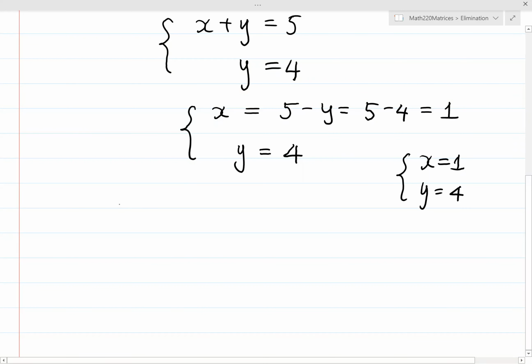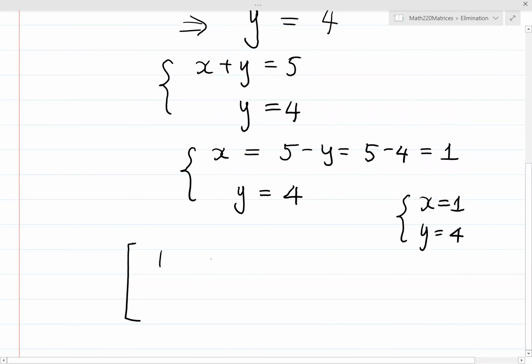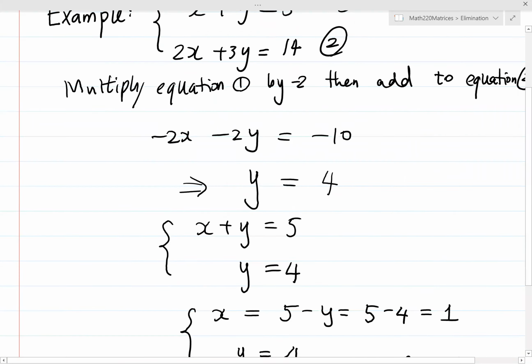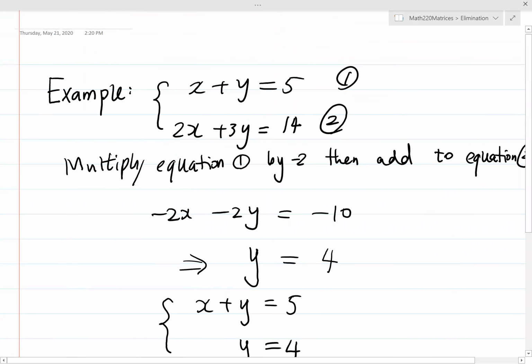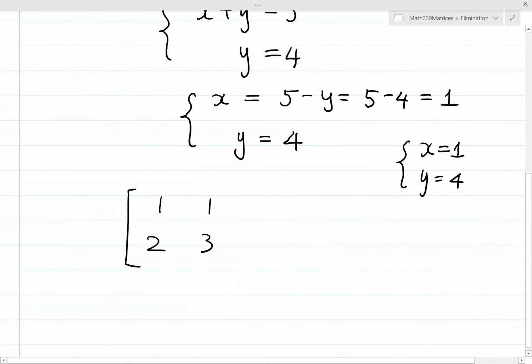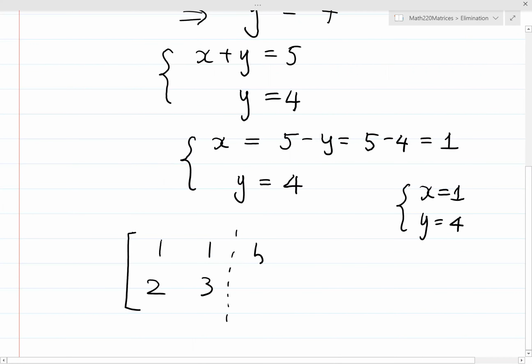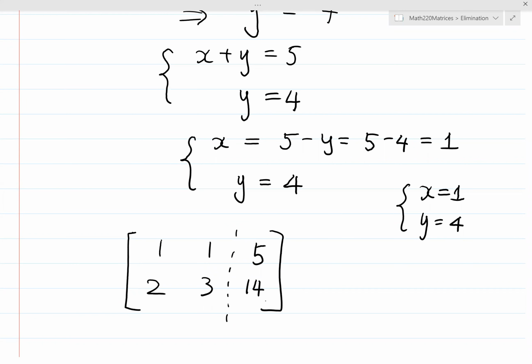So you can simply manipulate the coefficients in this manner. If you read the coefficients, the first equation has coefficients 1, 1, and the second equation has coefficients 2, 3. Now we have another thing for the right side numbers, 5, 14. So we write it here. We don't need the name of the variable, because you can also solve it in another variable.